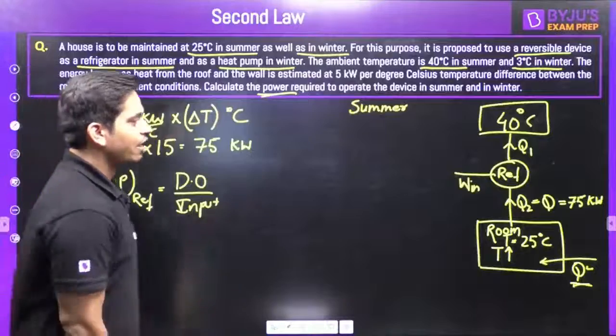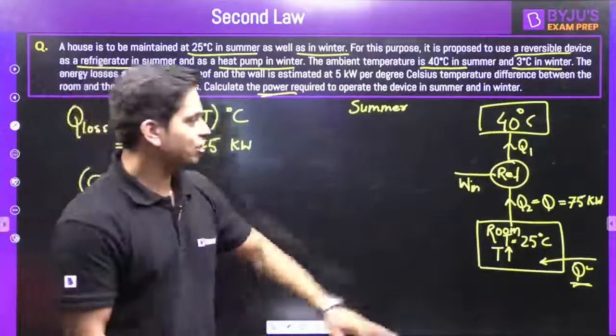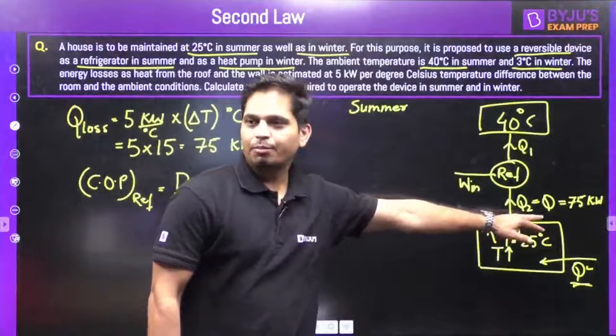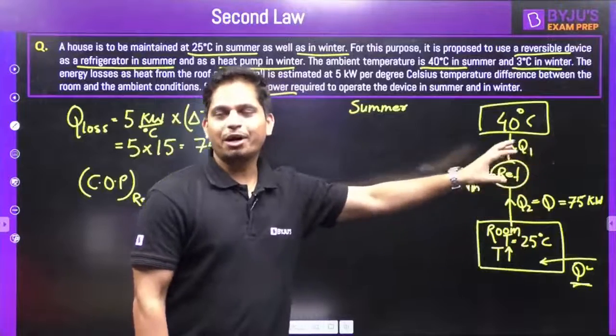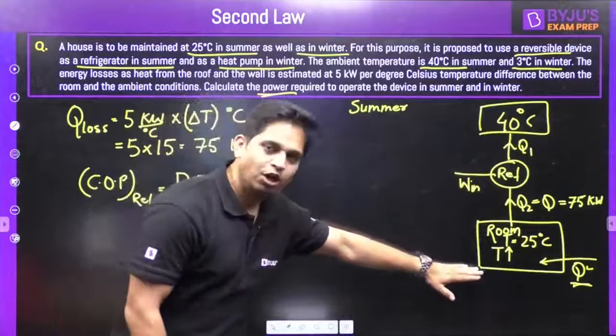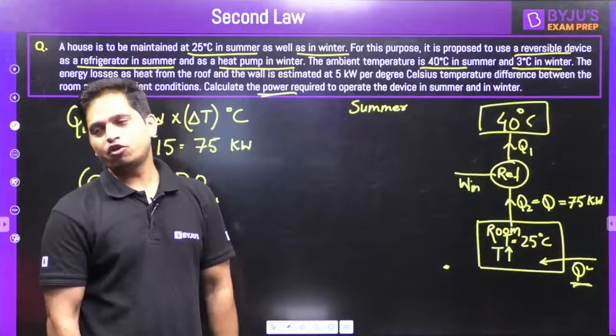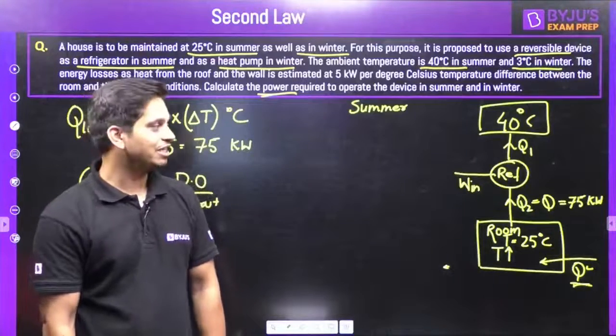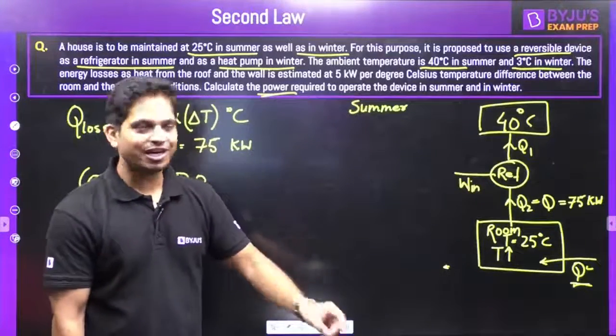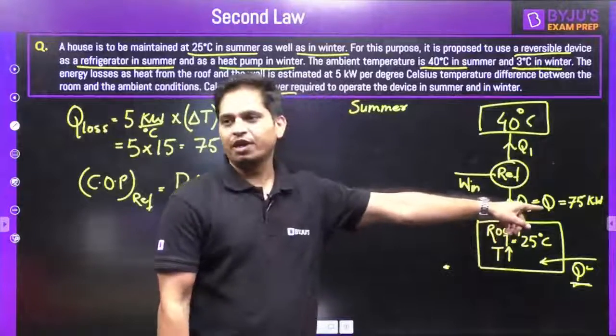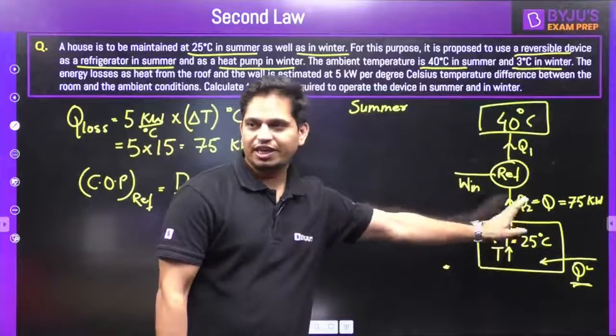Desired output: a refrigerator always focuses on this heat, because the purpose of a refrigerator is to maintain low temperature. So the purpose of a refrigerator is to remove this heat. The focus is on this heat.